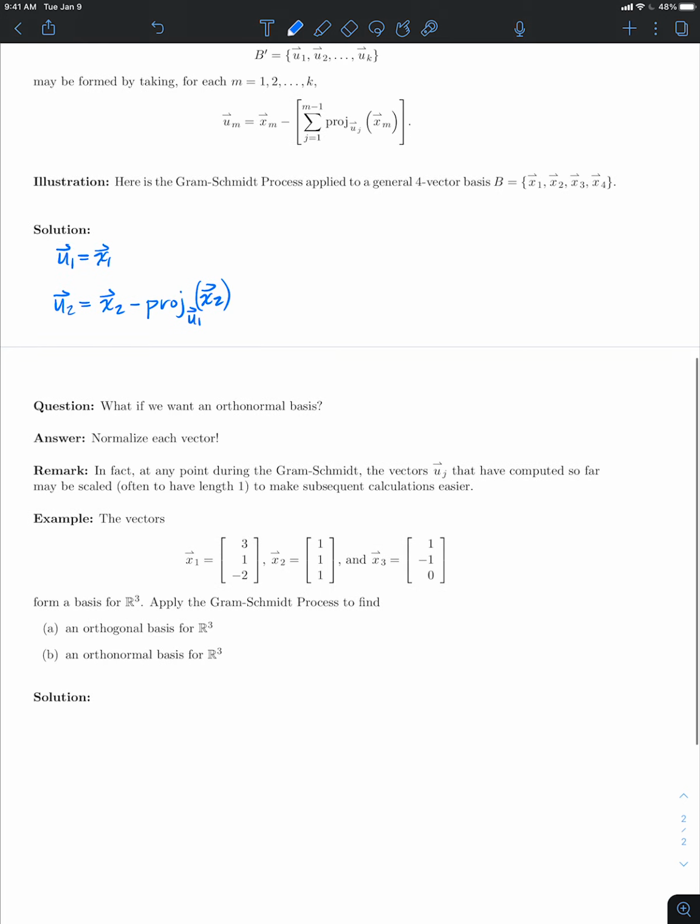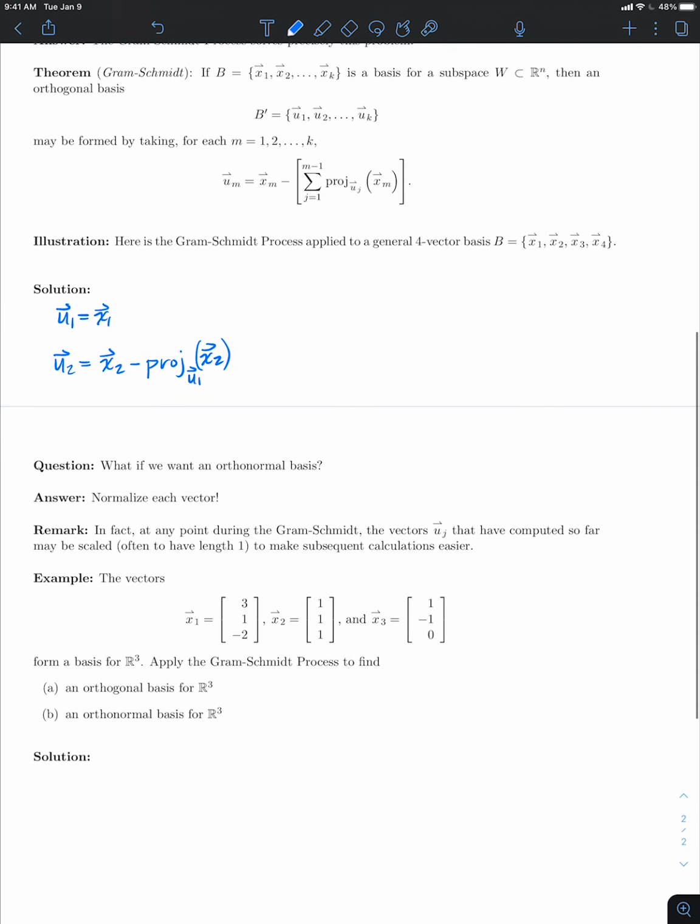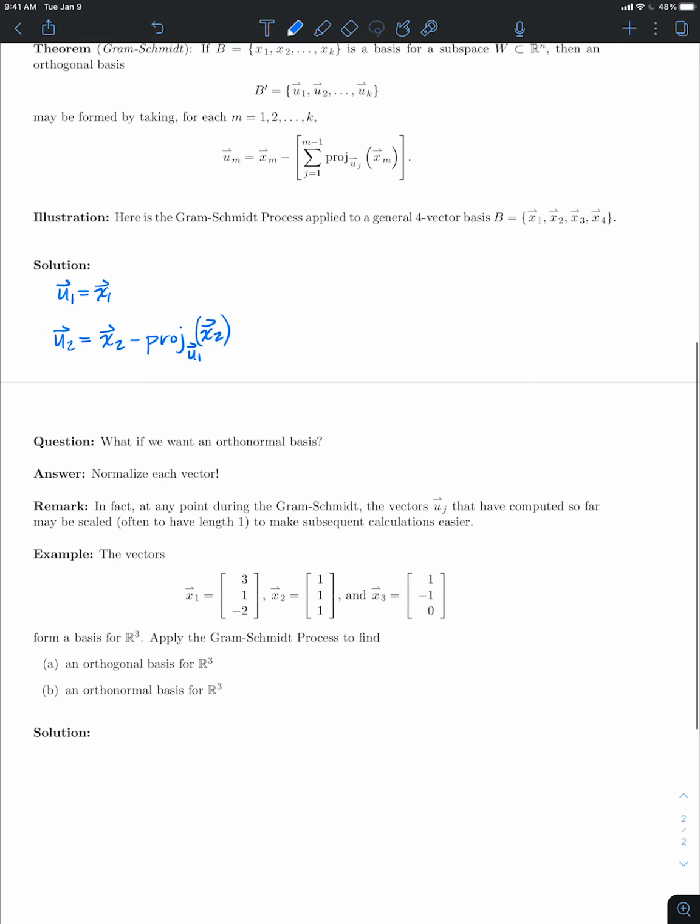So you subtract that projection, and now they're orthogonal by design. You could check this by direct calculation, just using properties of projection and vector subtraction and the dot product, the way they interact. You could show that these two vectors are always going to be orthogonal.